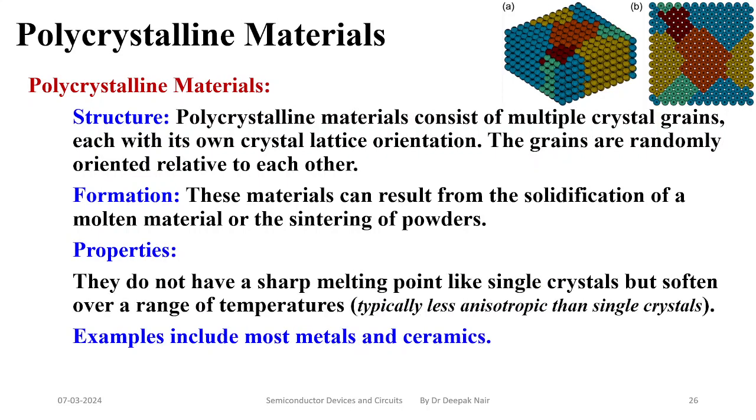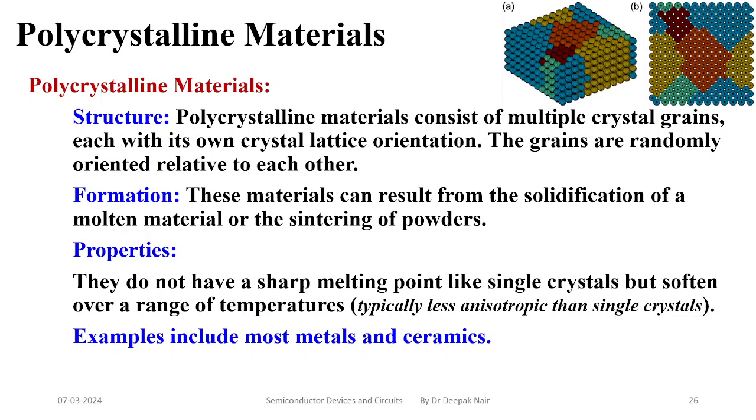Often these materials result from solidification of molten materials or sintering of powders. Like amorphous solids, these polycrystalline materials also don't have a sharp melting point. So they have a range of melting points, and they often soften over a range of temperatures.